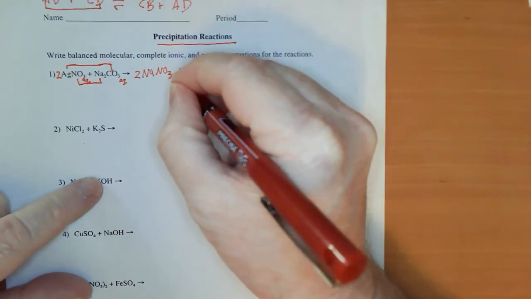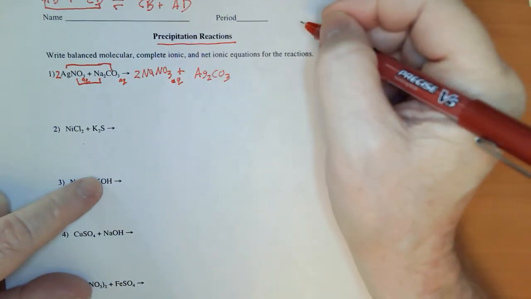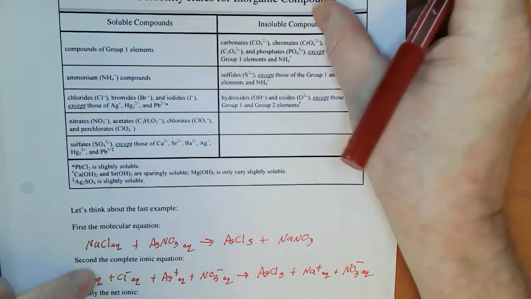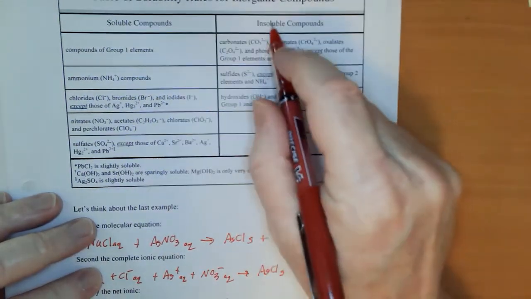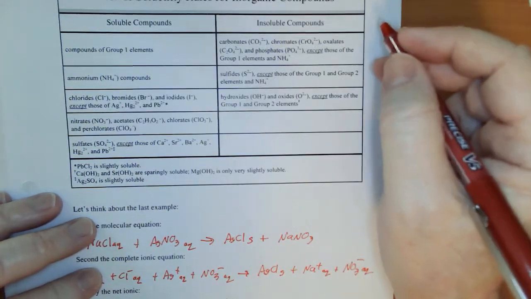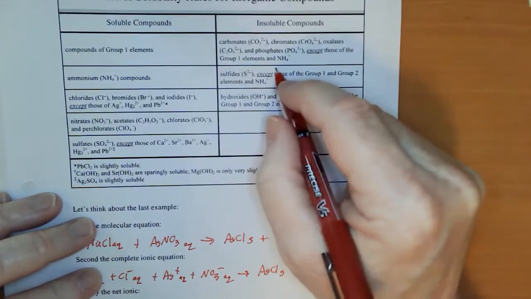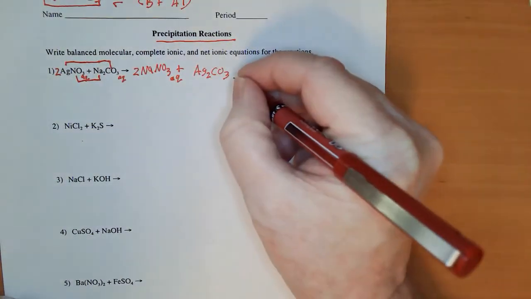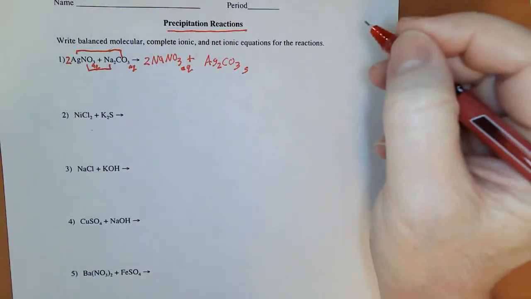It's soluble. That means it's going to be aqueous. Now for Ag2CO3, I've got to find something about carbonates. Carbonates are generally insoluble, except those of group 1 and ammonium, and well, I'm not dealing with either of that. I've got silver, so that means this is the solid.